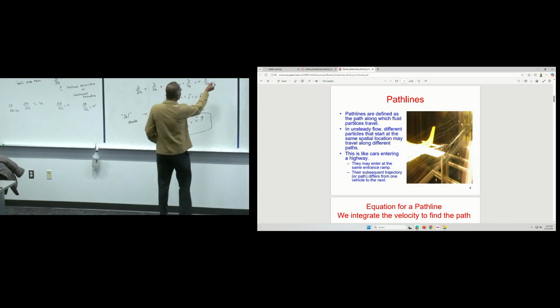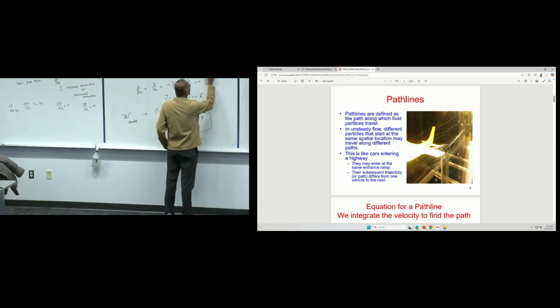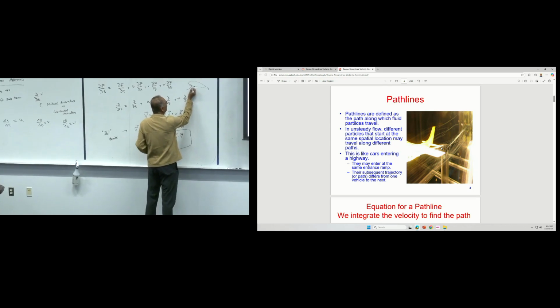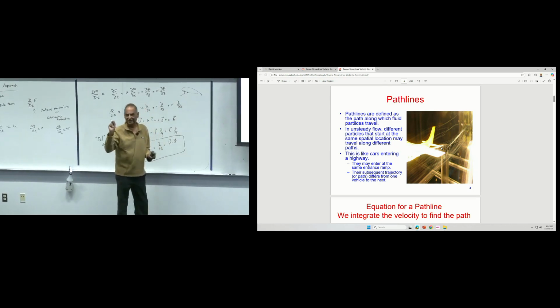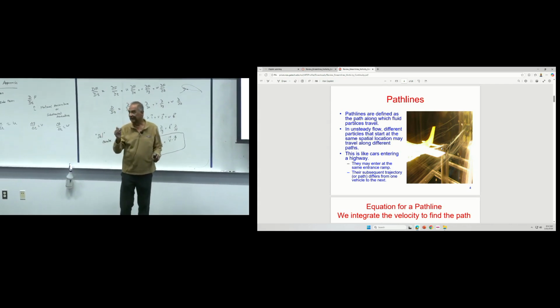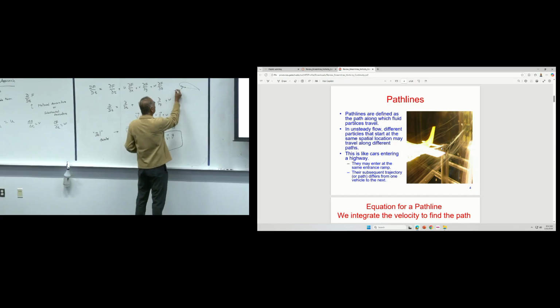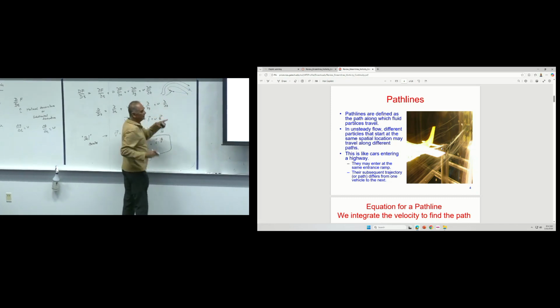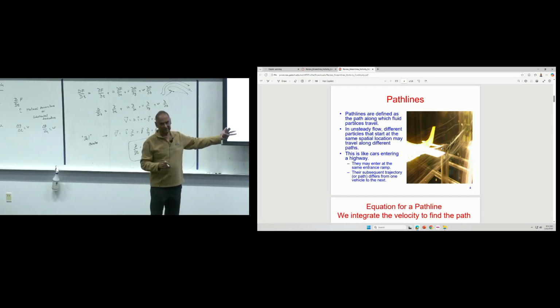In the aerofoil example I showed you, the streamlines can come this way, one can go this way, one can go this way because the velocity here is completely zero. Other than that, if you look at those videos we saw, the streamlines will never cross each other, whereas the pathways seem to cross each other.